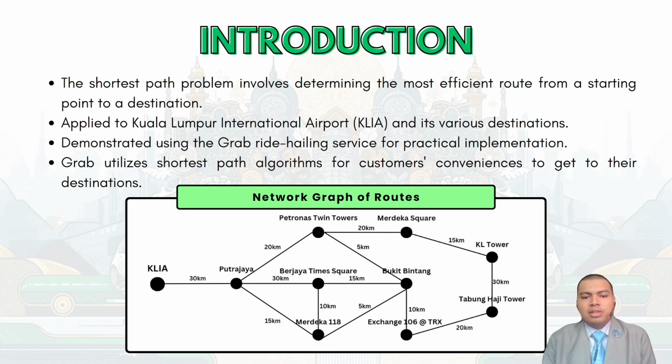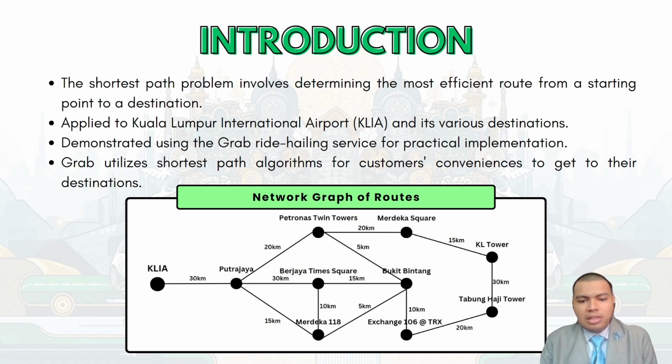As you can see, there is the network graph of roads. Inside this figure, it has 10 nodes or 10 vertices. We start from KLIA. After that, we go to Putrajaya, and from Putrajaya, we have 3 nodes connected, which are Petronas Twin Towers, Berjaya Times Square, and Merdeka 118.